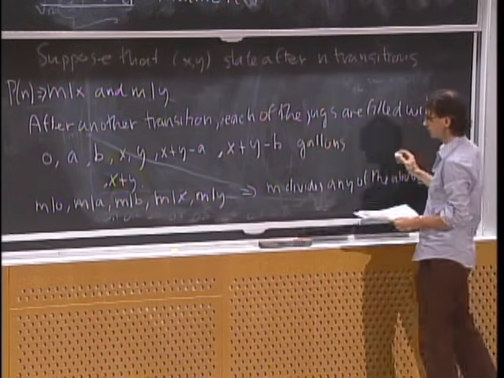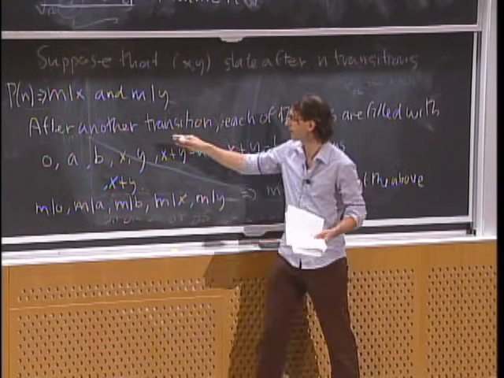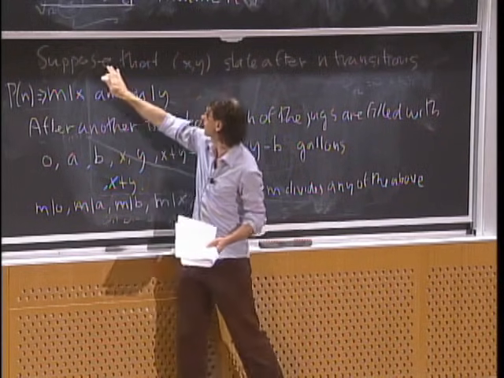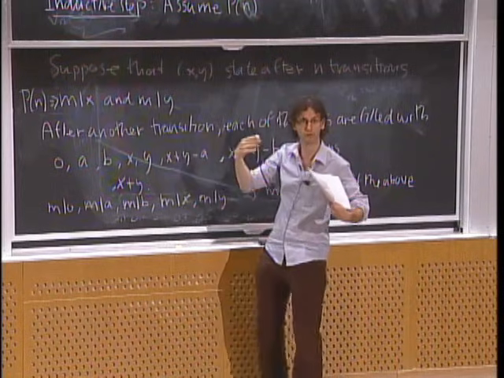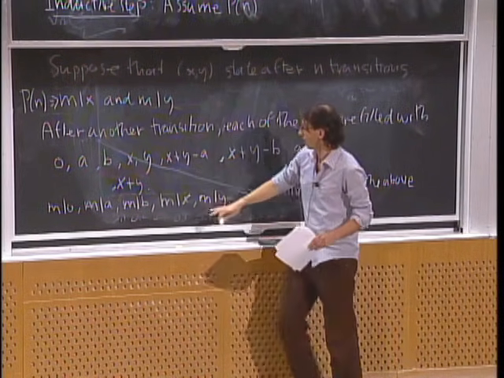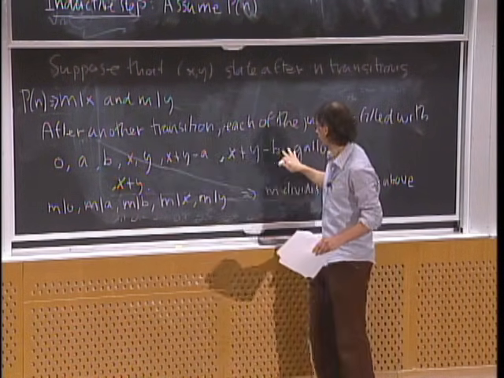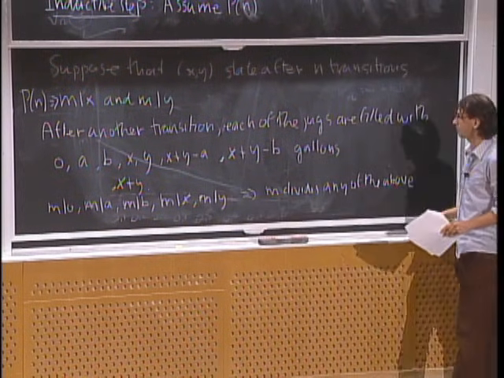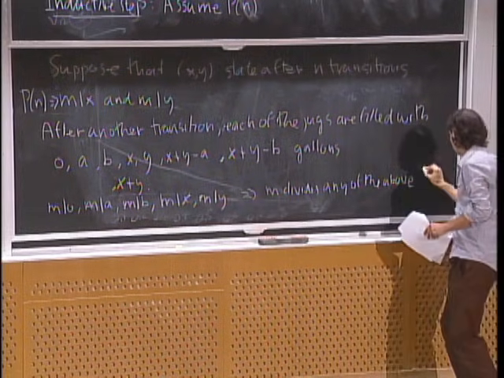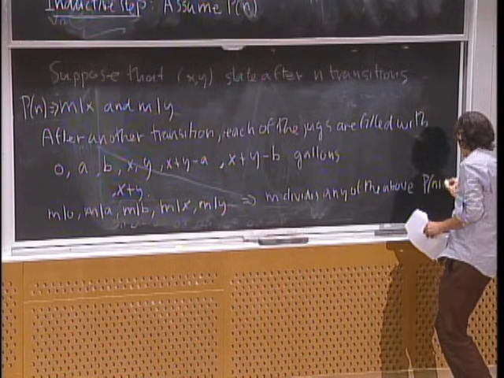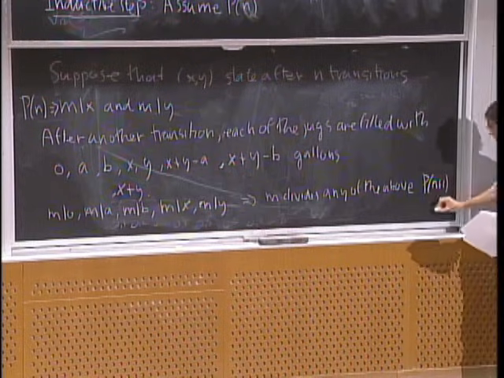Why is that? Because we have shown that after we have reached X, Y after n steps, in our n plus 1th step, all that we can achieve is divisible by m. That's exactly the invariant. So we conclude that P(n+1) is true, and now we're done.